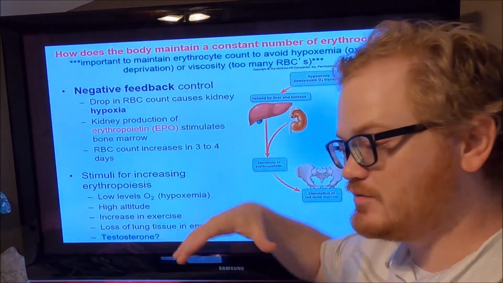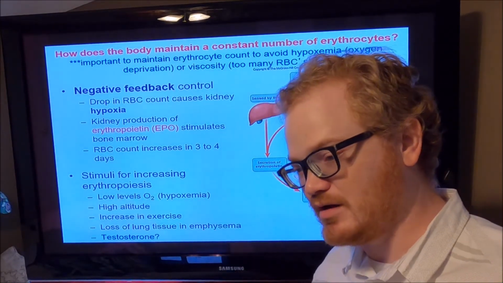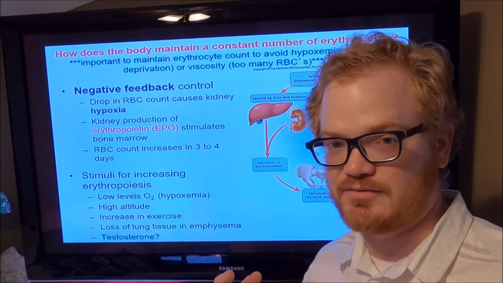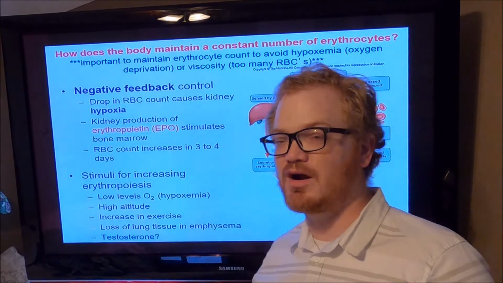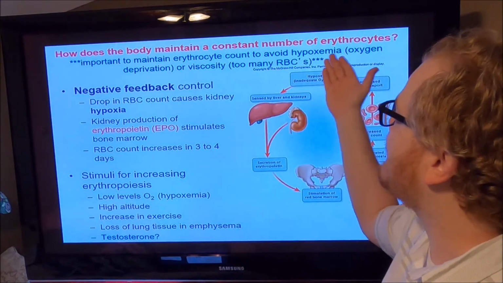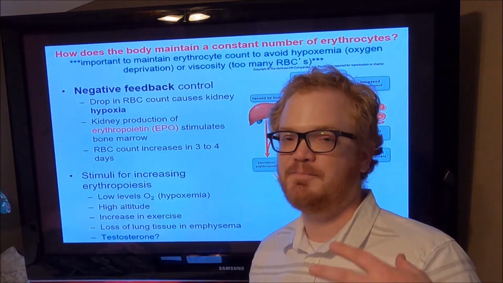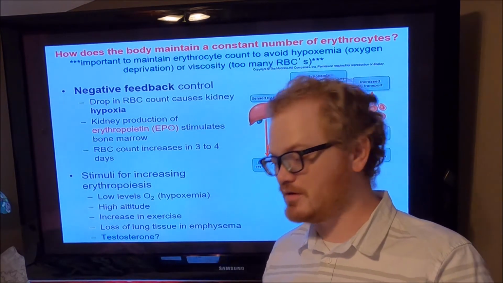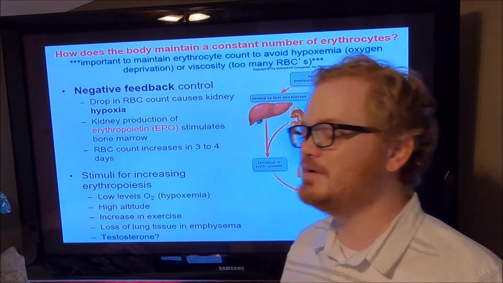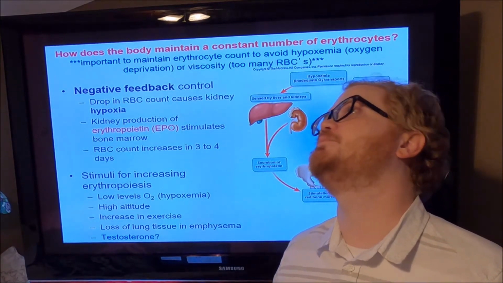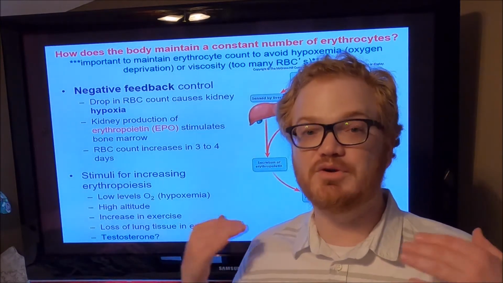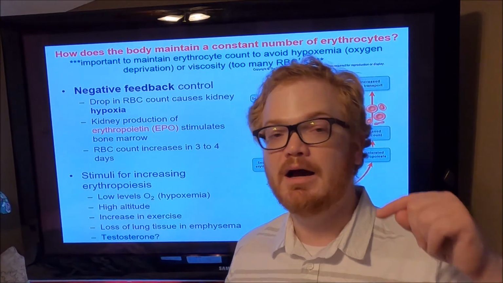We have to have enough red blood cells that we can carry oxygen effectively. If the number of red blood cells drops, you can find yourself having a hypoxic environment. You can have not enough oxygen carrying capacity, and if your oxygen carrying capacity drops, you're going to feel fatigued all the time. You're going to be tired, like just getting up, you're going to be so worn out. That's because you don't have enough red blood cells, okay?